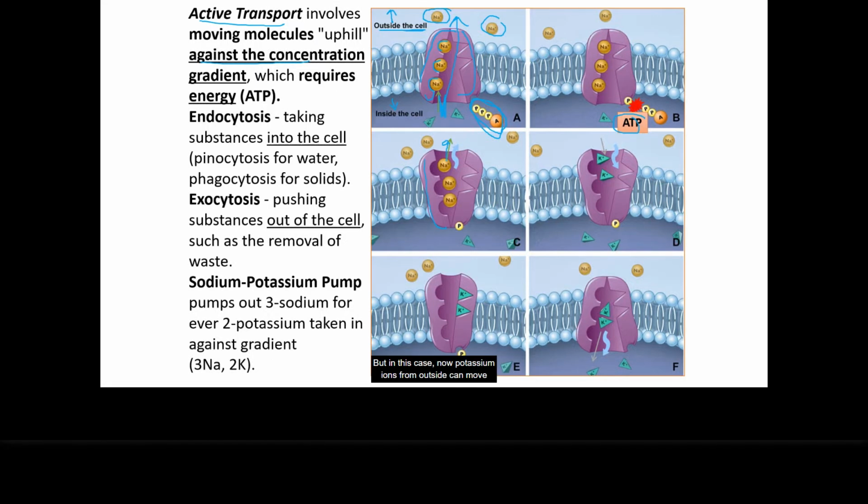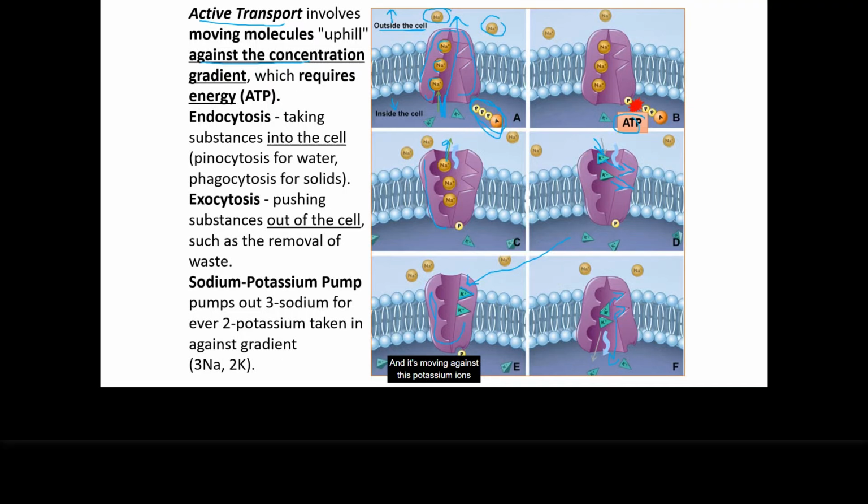But in this case, potassium ions from outside can move to their site in the 3D shape and attach, as shown in this diagram. And then when the transmembrane protein changes conformation, potassium dissociates from this place and moves inside of the cell.